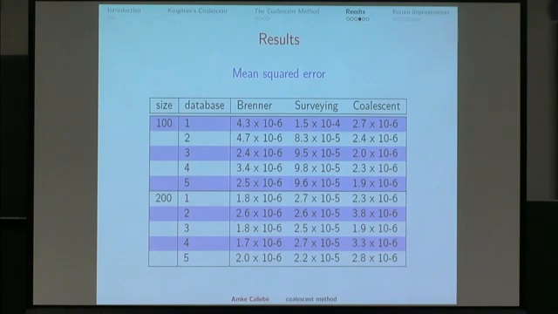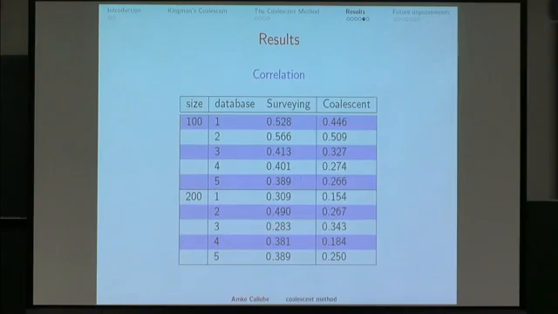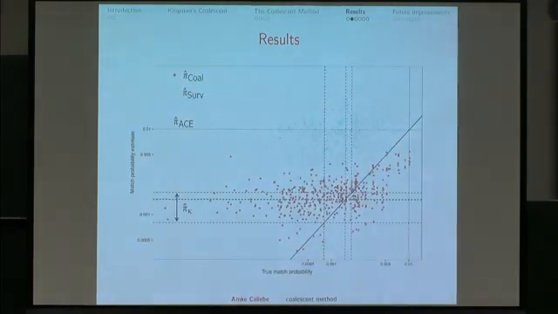We have similar results: a large mean squared error for the surveying estimator and smaller ones for the coalescent and Brenner's method. One could also calculate the correlation between the estimated value and the true value. You can see the values we got. They are not so bad for the surveying estimates. Perhaps, if one looks again at the picture, this can be calibrated such that it might give better results.